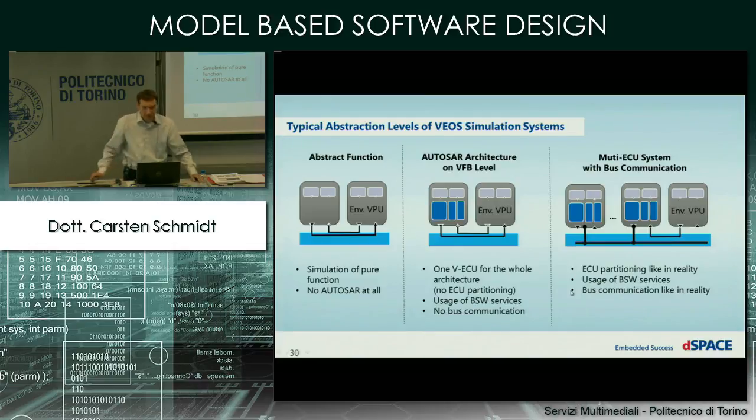And as I said, these are the typical abstraction levels, and basically it's up to you which level you choose. Of course, this is the most realistic one, but it is at the same time the most expensive one, in the sense that you have to configure all the things here, of course.